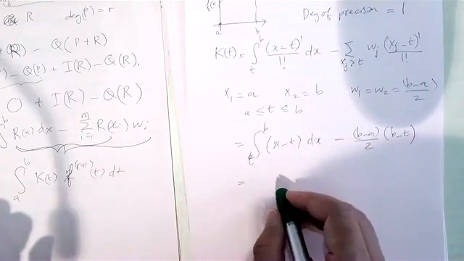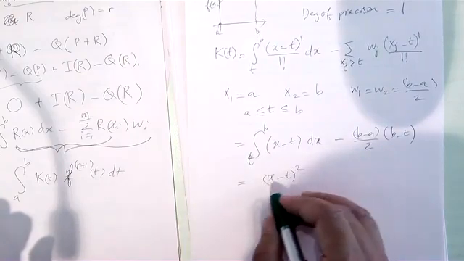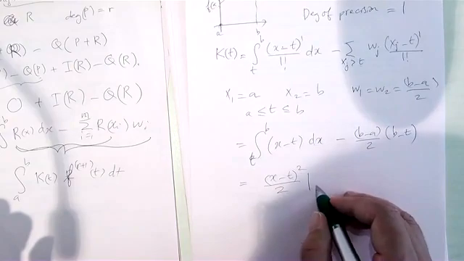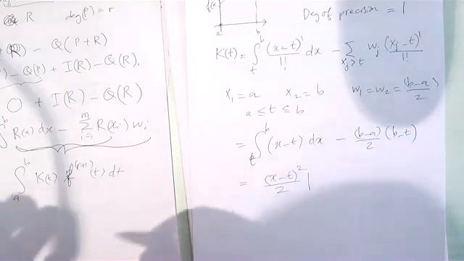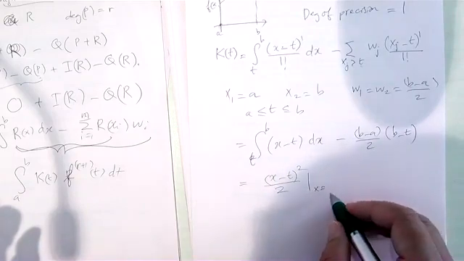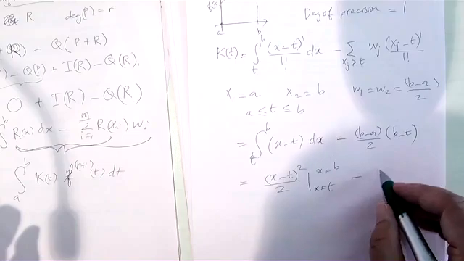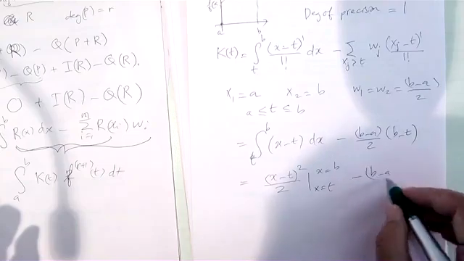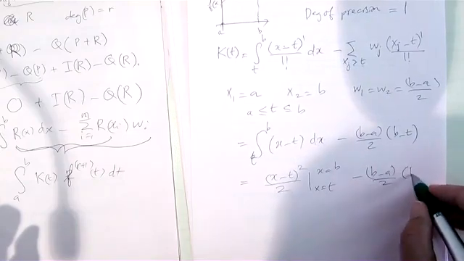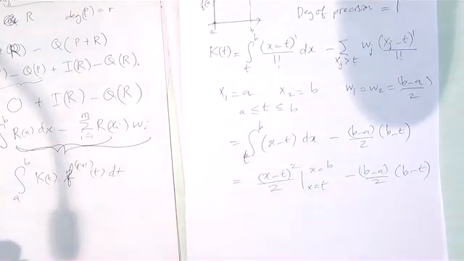The integral gives you (x minus t) squared over 2 from x equal t to x equal b, minus (b minus a) over 2 times (b minus t).